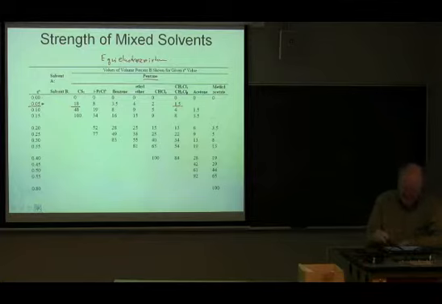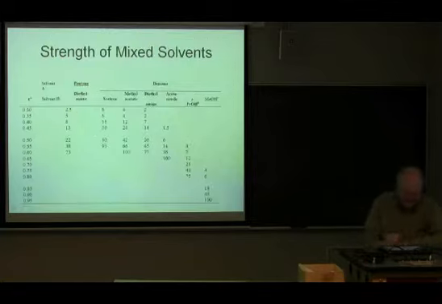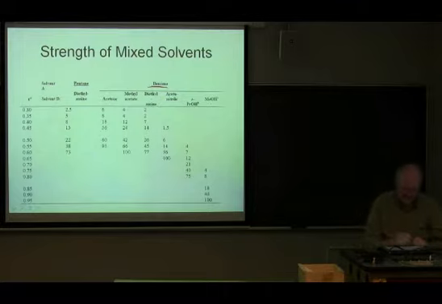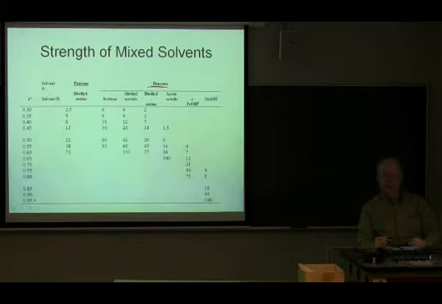And there are quite big collections of this with different solvents. Here's using benzene as the weak solvent, and then different more polar solvents mixed in with benzene to get us further up the epsilon naught scale.